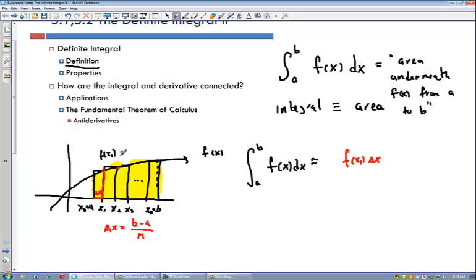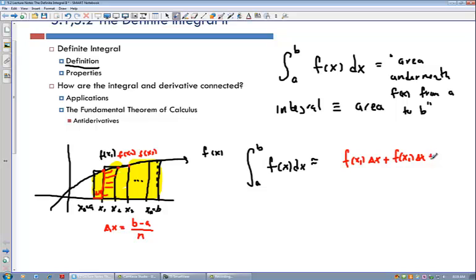This height over here is f of x sub 2. So you'll add the area of the next rectangle, f of x sub 2 times delta x. That gives me the area of that rectangle there. Then the next one is going to be f of x sub 3, that's this height here.